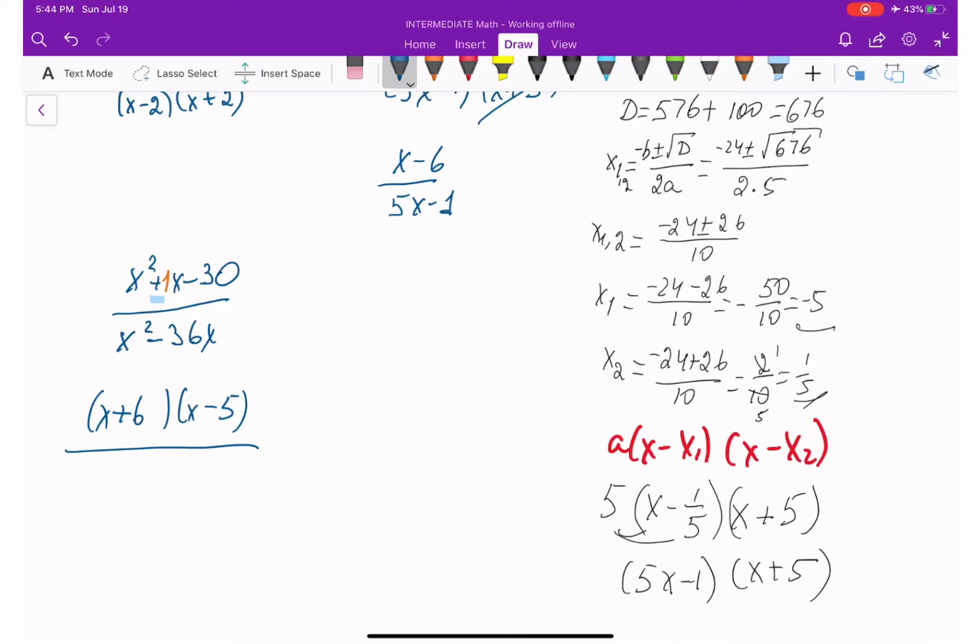Okay, at the bottom, meaning in the denominator, x squared minus 36x. We have common factor x, right? And we get x minus 36. Well, this is not interesting. Let me make it a cube, x cubed will be more interesting.